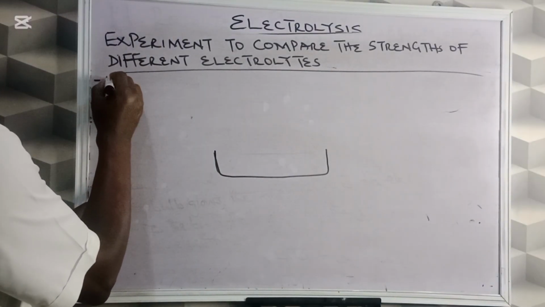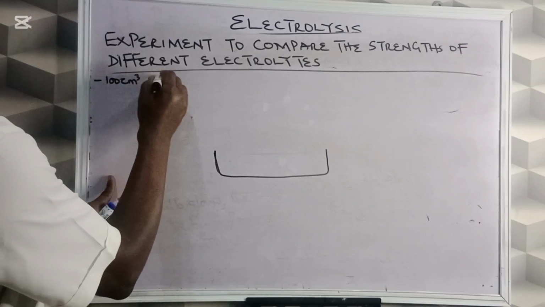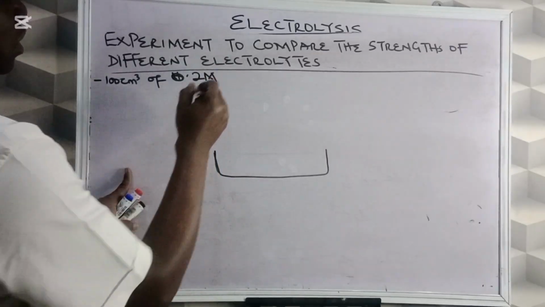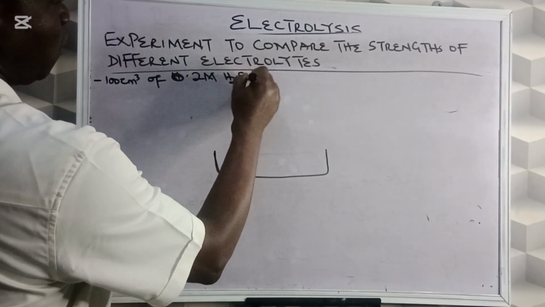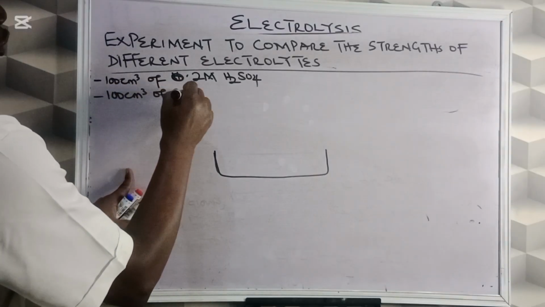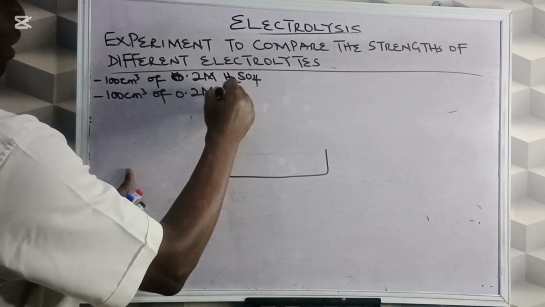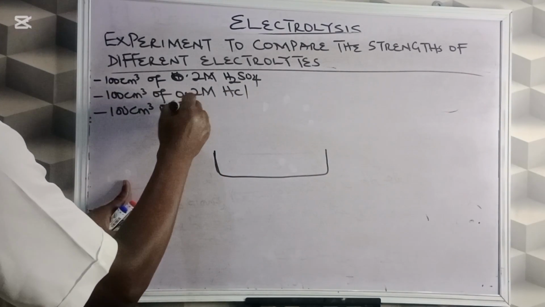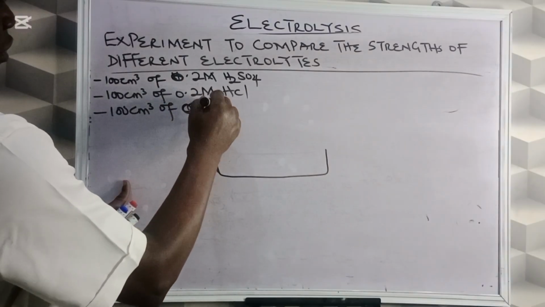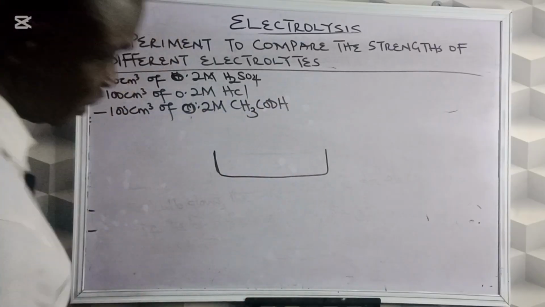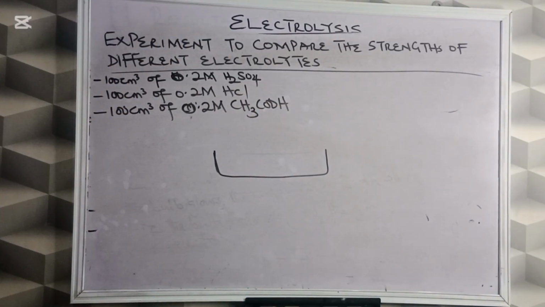You can use 100 cm³ of 0.2 mol/dm³ H2SO4, the same volume of 0.2 M HCl, and 100 cm³ of ethanoic acid, CH3COOH, of the same concentration. They have the same concentration and equal volume are used.